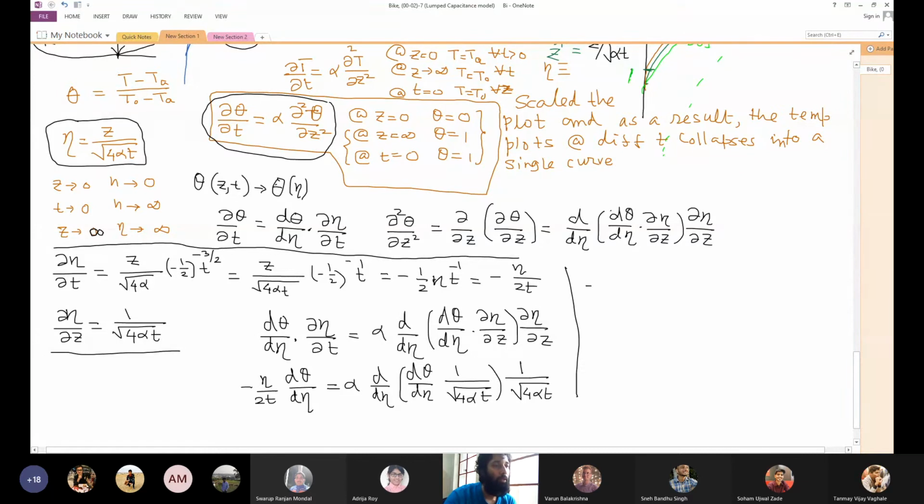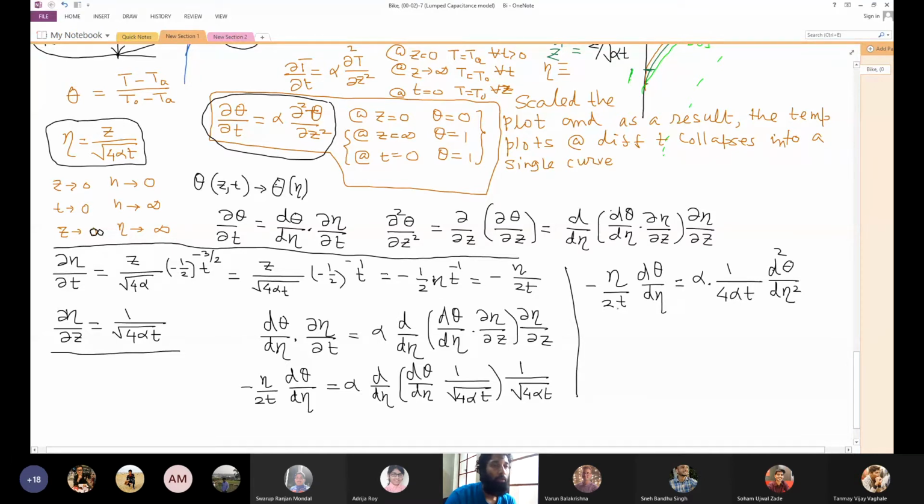So that gives minus eta over twice t, d theta d eta, equals alpha times 1 over 4 alpha t, and we get here d2 theta d eta 2.